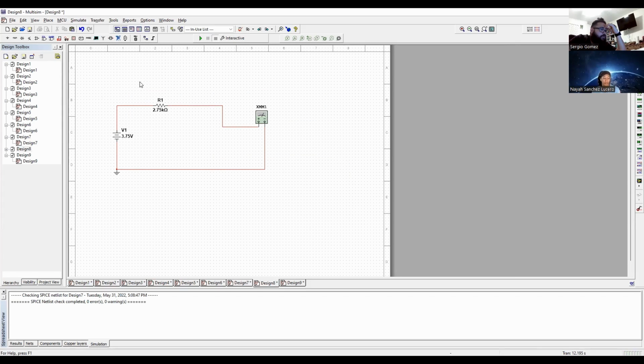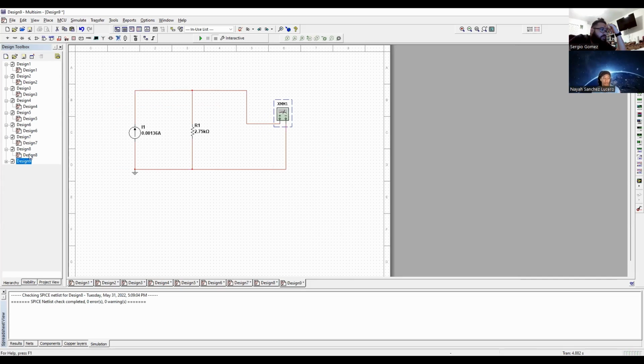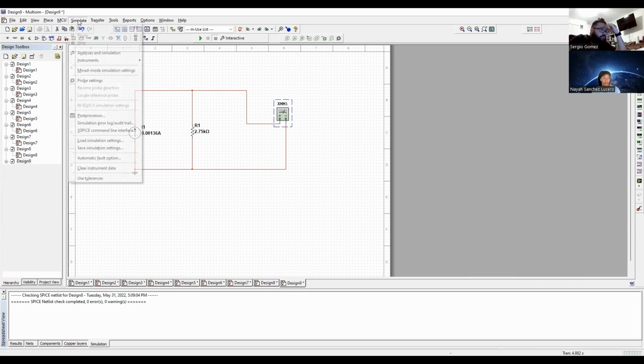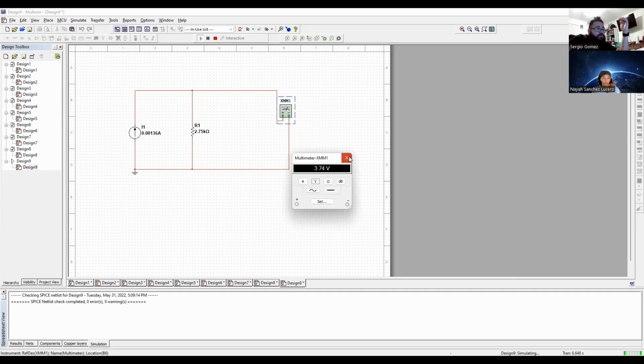Here is our Thevenin equivalent. Run our simulation, 3.75 volts. Turn off our simulation, go over to our Norton equivalent and run it. 3.75 volts. So these all fall in line with what we were saying earlier.